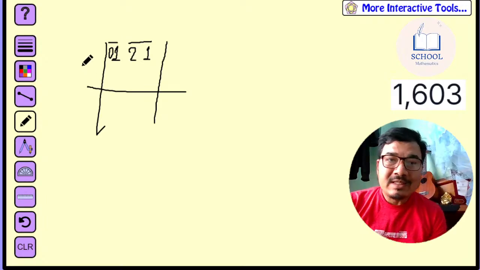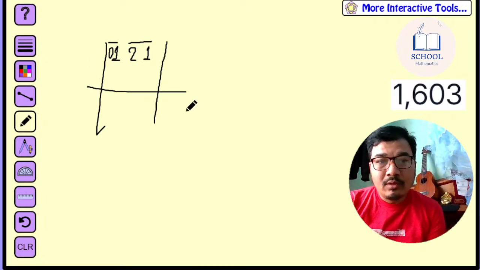Okay, see, while doing this method we have to use only the table of square numbers.